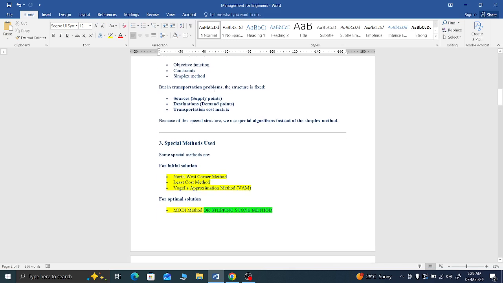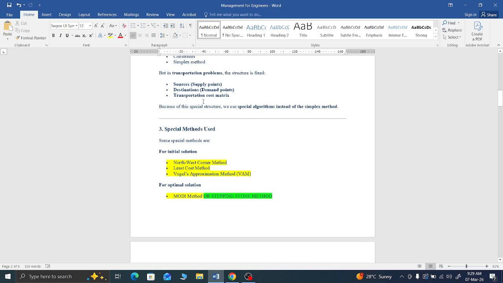But in transportation problems, the structure is fixed. The sources are called supply points, and the destinations are called demand points. Then we have to show the transportation cost matrix.